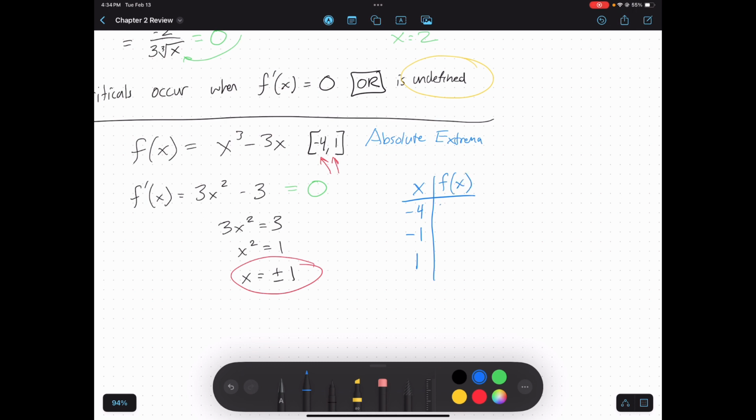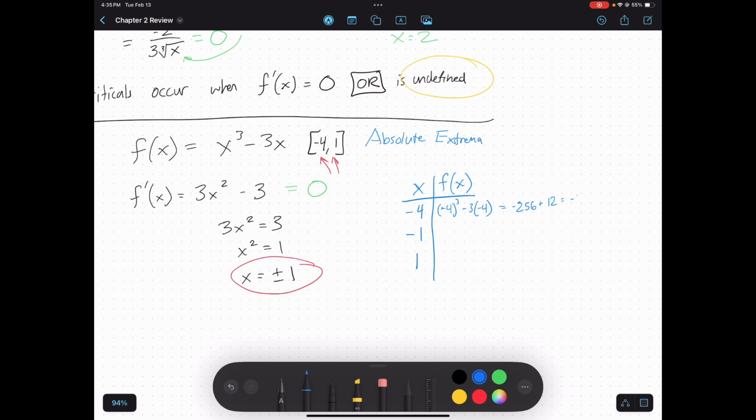So, -4 cubed minus 3 times -4. Well, let's see. -4 cubed gives me -256, plus 12.